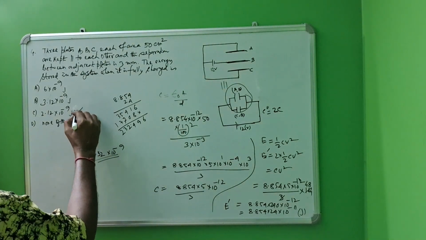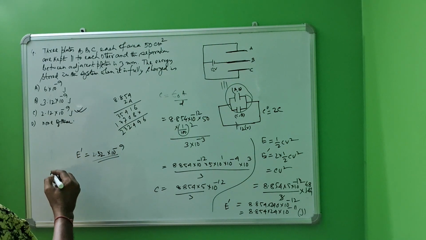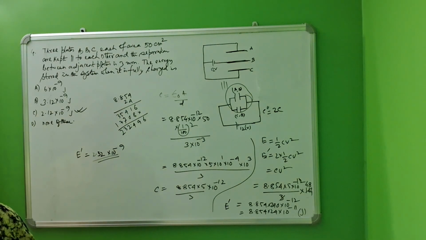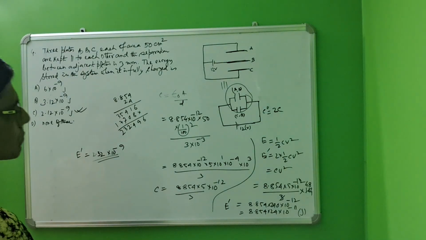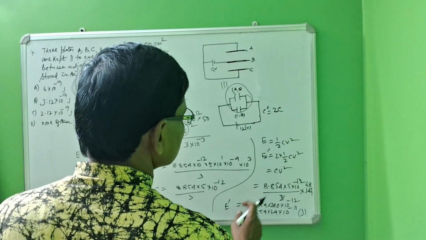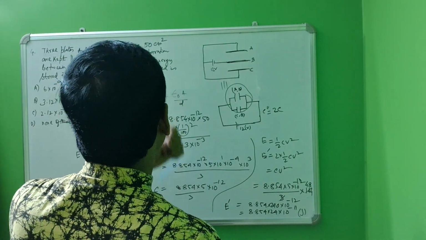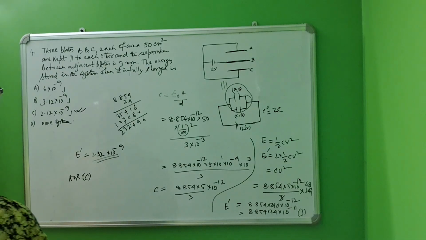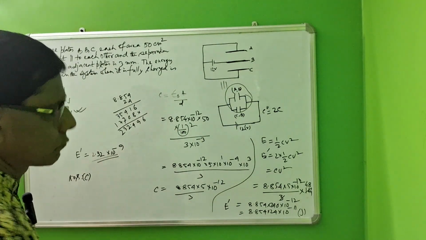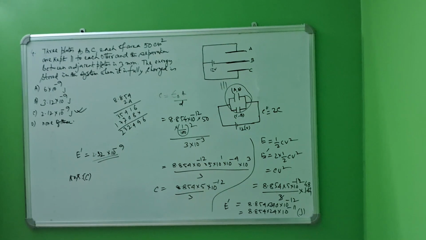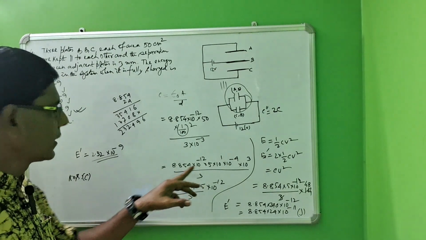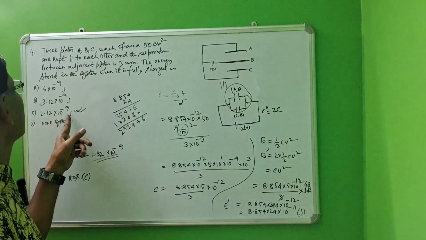So the answer will be this. If you take this value as 8.85 into 10 to the minus 12, then you get this result 2.12 into 10 to the minus 9.